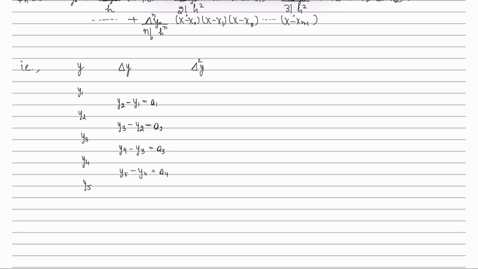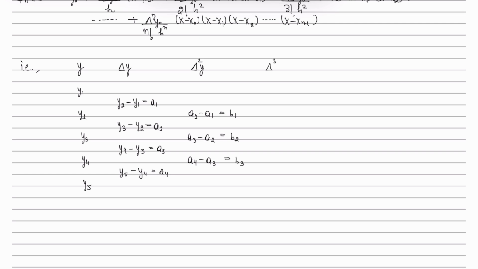So the second difference will be a2 minus a1, a3 minus a2 and further a4 minus a3. Let us consider these values as b1, b2 and b3.